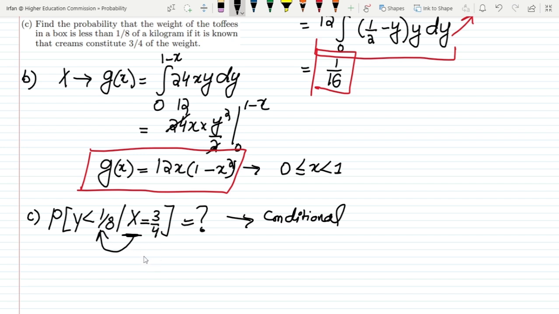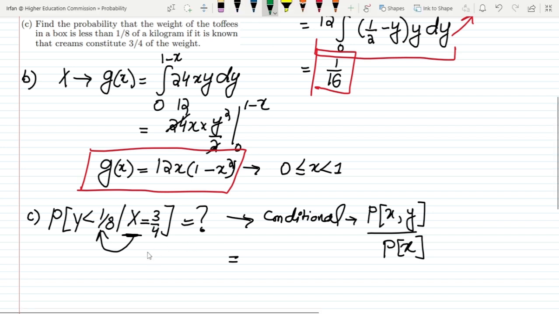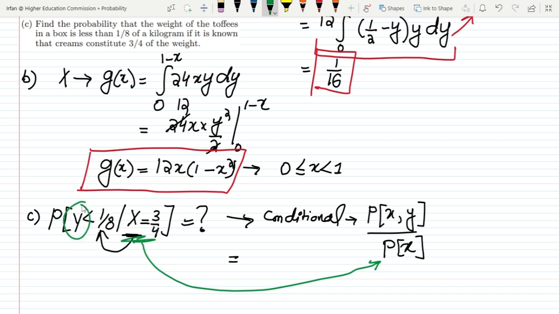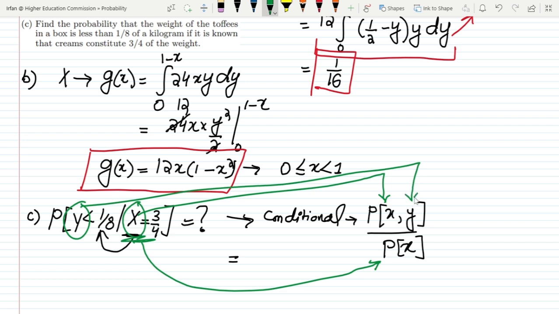The formula we already know for conditional probability is the probability of x and y divided by the probability of x. Here you can see that this probability is given, so this will be written here, and those two items have been included here as well.